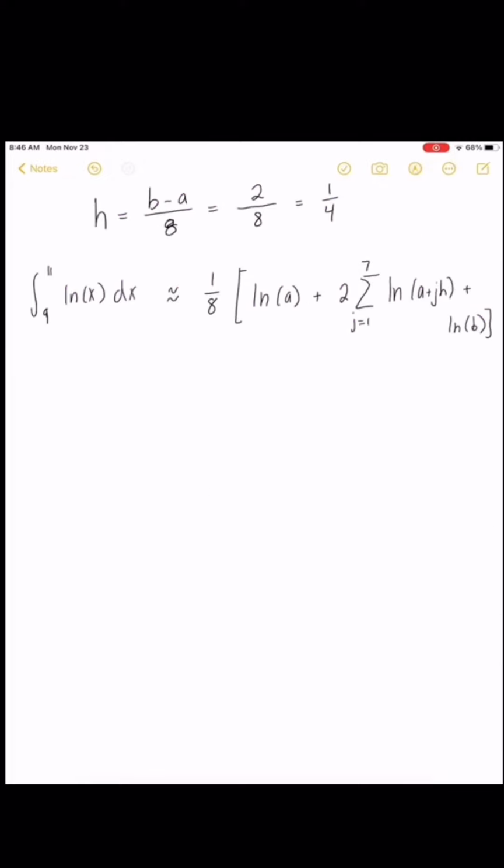In other words, this integral is approximately 1/8 times ln of 9 plus the sum from j equals 1 to 7 of ln of 9 plus j over 4, because h is 1/4, plus ln of 11.